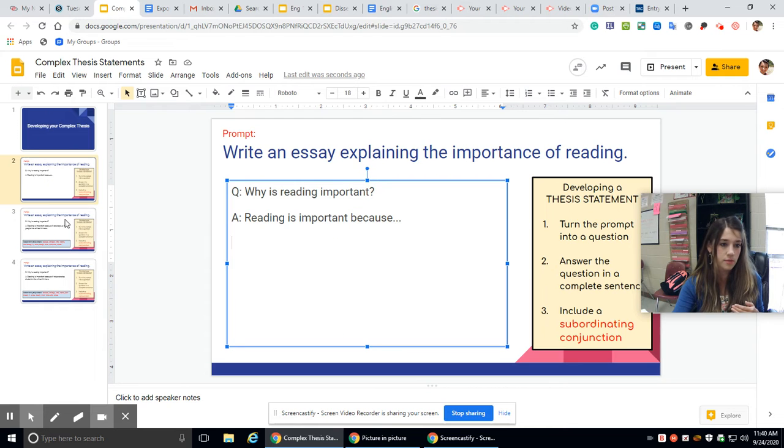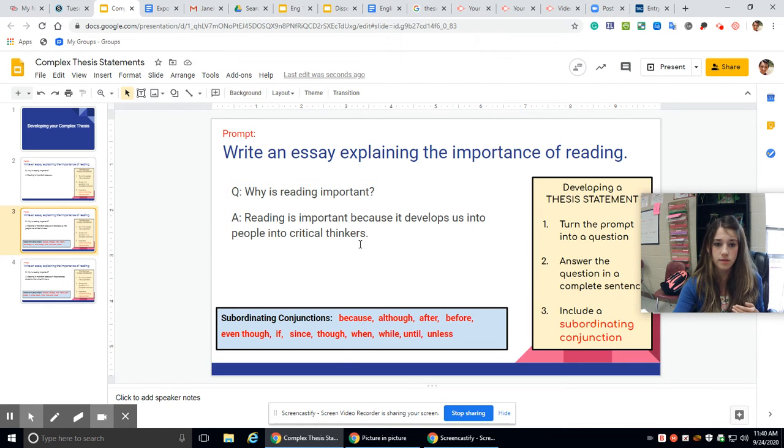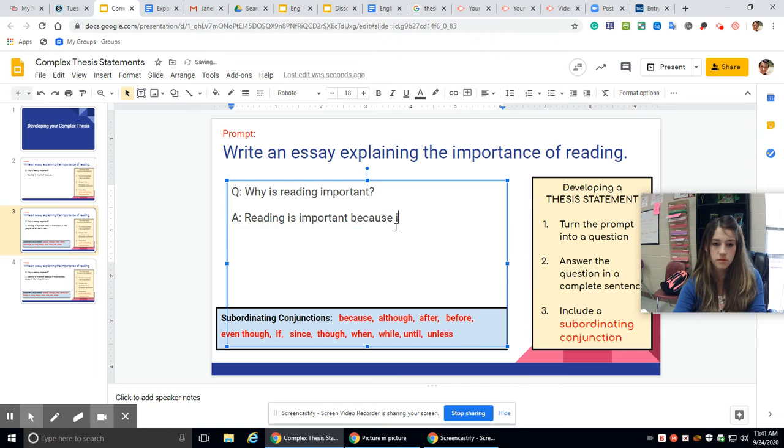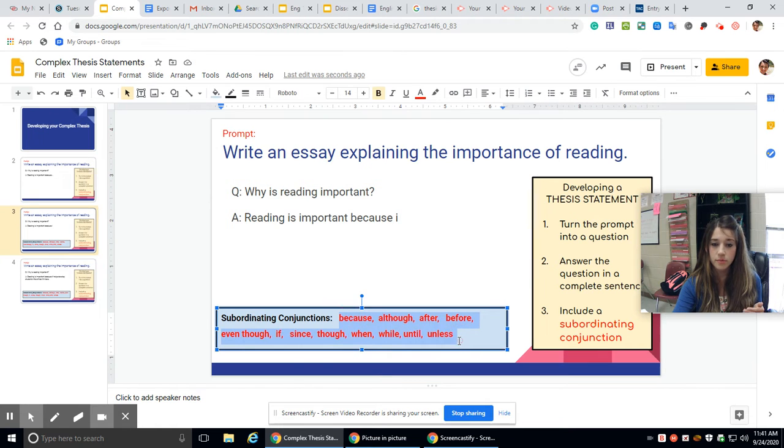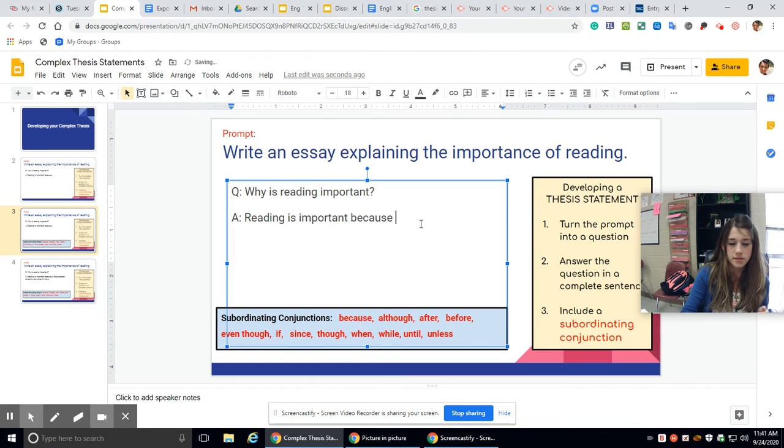So sometimes it's going to be beneficial to try out some other subordinating conjunctions like although, after, before, right? These are all just examples, and there's actually more. So if you would like to Google a list of subordinating conjunctions, you'll really see all of your options. Okay, so I have reading is important because now I need to finish out my sentence.